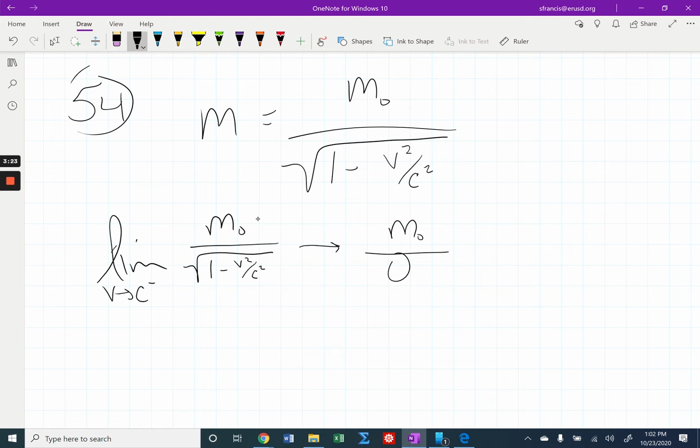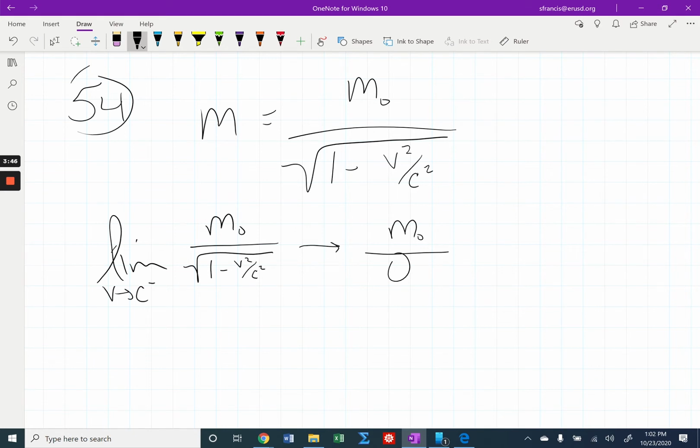The square root of something really close to 1 is still really close to 1. And so m naught divided by something close to 1 is still really close to m naught. So you're never going to notice a difference. For driving in a car, we don't have enough precision in our instrumentation of measurement to be able to tell a difference in the mass.